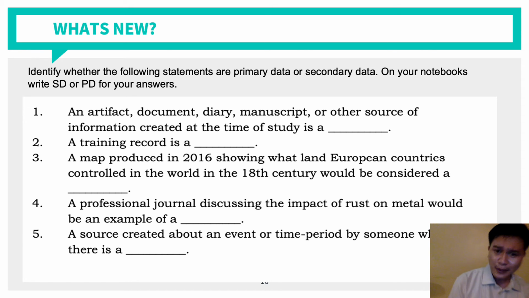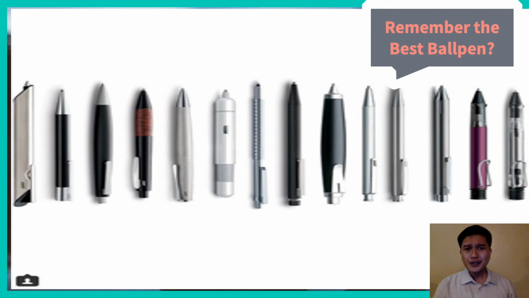So, to sum up our discussion, do you remember our image of a ball pen in our research in our previous topics? Itatry natin siya ngayon. You remember the best ballpen in the world? You see, in our discussion about related literature, kumukuha tayo ng ideas ng ibang tao kung paano gawing best ballpen in the world.